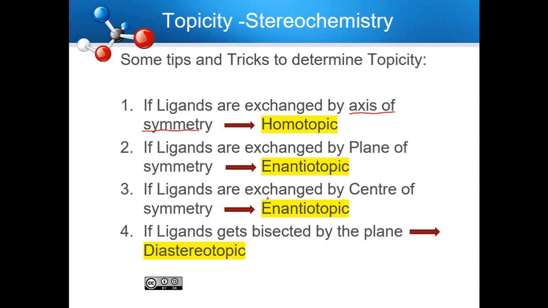If the ligands can be exchanged by a plane of symmetry, then we can identify them as enantiotopic ligands. And if the ligands are exchanged by a center of symmetry or an alternating axis of symmetry, then we can identify them as enantiotopic ligands. If the ligands get bisected by the plane, then we can identify them as diastereotopic ligands.